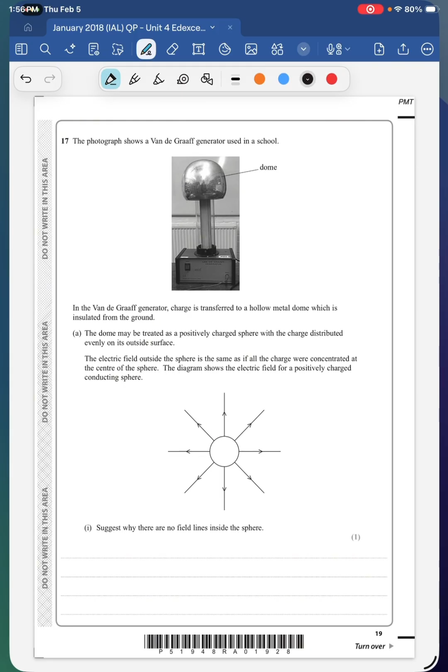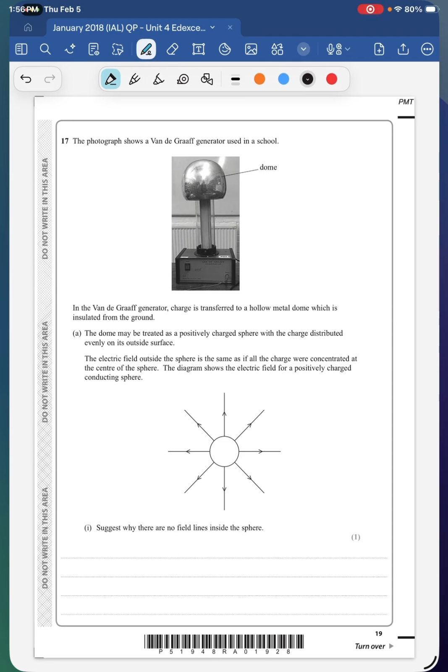The photograph shows a Van de Graaff generator used in a school. In the Van de Graaff generator, charge is transferred to a hollow metal dome which is insulated from the ground. The dome may be treated as a positively charged sphere with the charge distributed evenly on its outside surface.